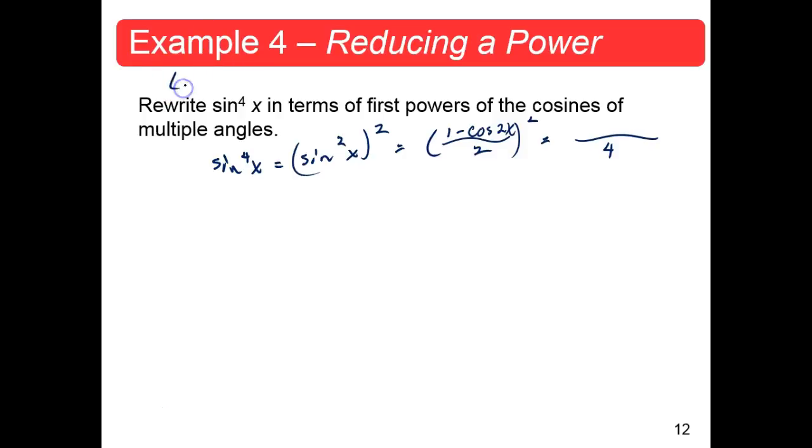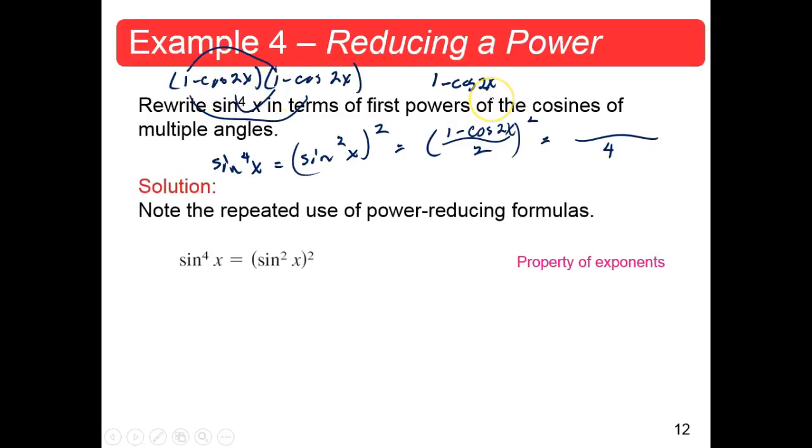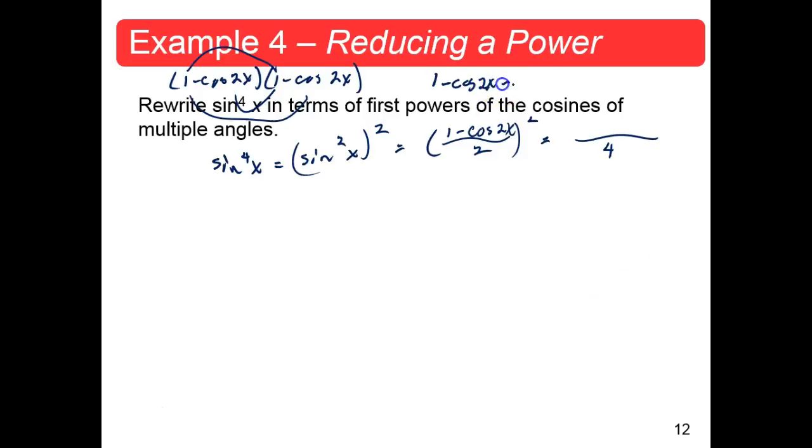Okay, so this will be 1 minus cosine 2x times 1 minus cosine 2x. Okay, when you do this, what does that give you? 1. Then the outer would be minus cosine 2x. Inners will be minus cosine 2x.